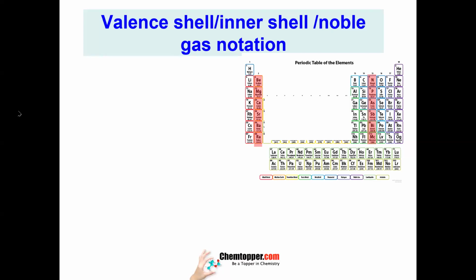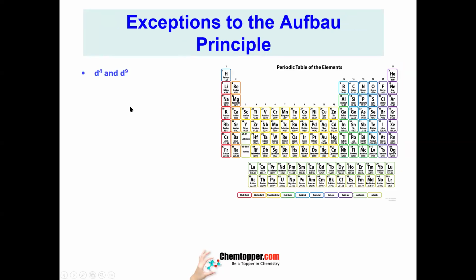Okay, moving on. Due to this stability of exactly half filled and fully filled, there are some exceptional configurations in the d block also. We are going to discuss only the d block. Can you give me the electron configuration of chromium? All of you, please.